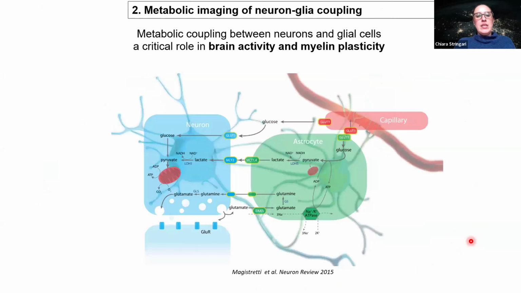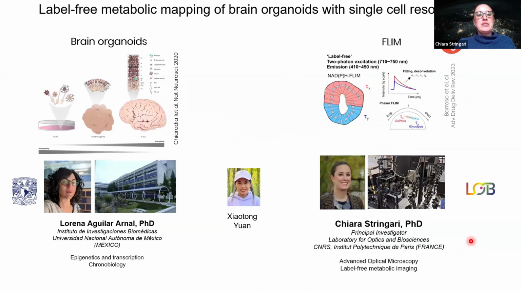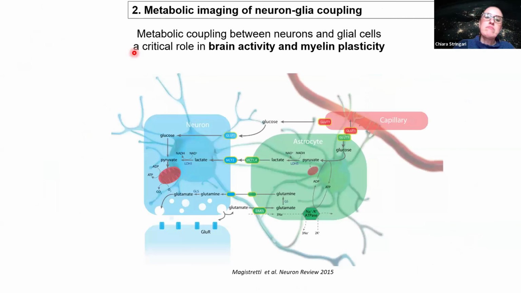And we are also imaging brain organoids with FLIM and without any biomarkers, because these brain organoids are made from human embryonic stem cells. And this is an ongoing project now here at LOB.